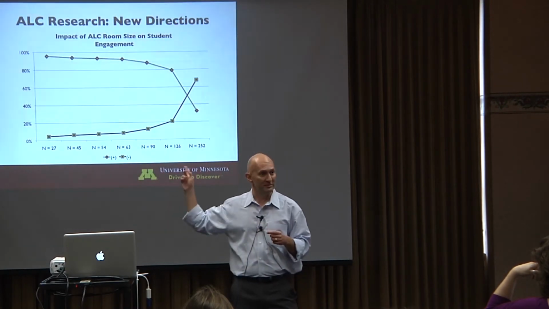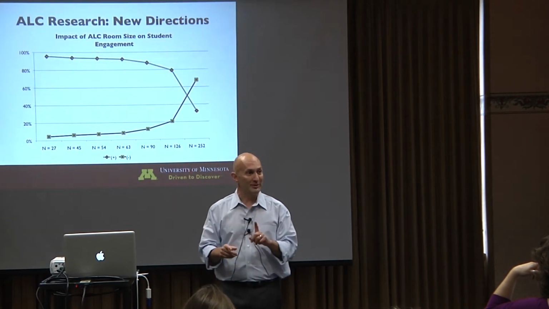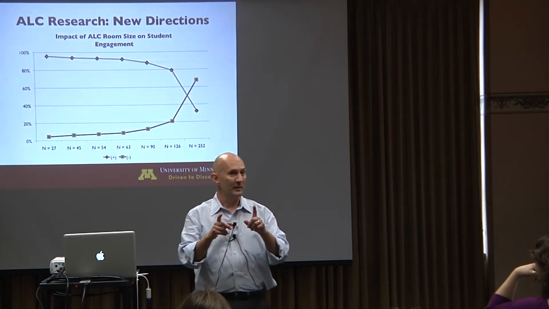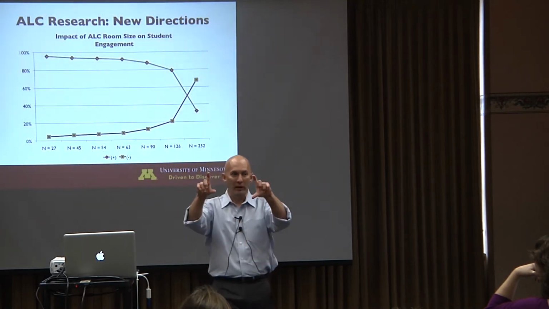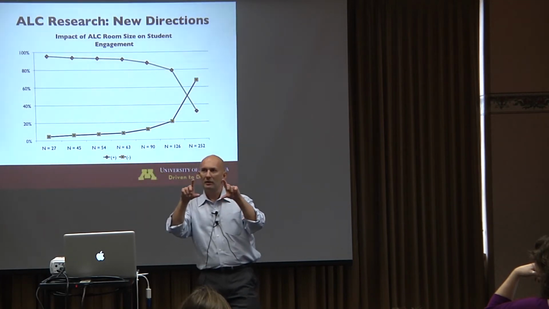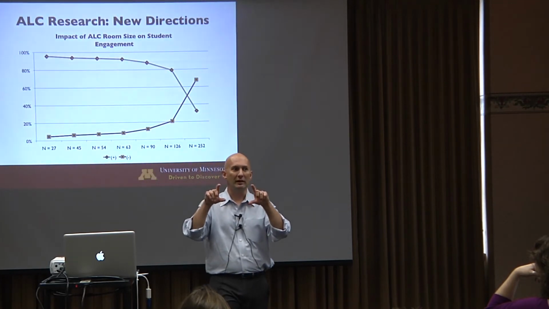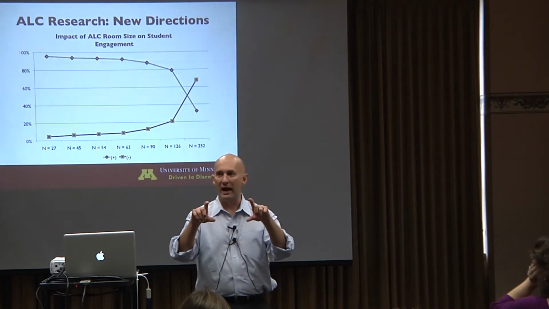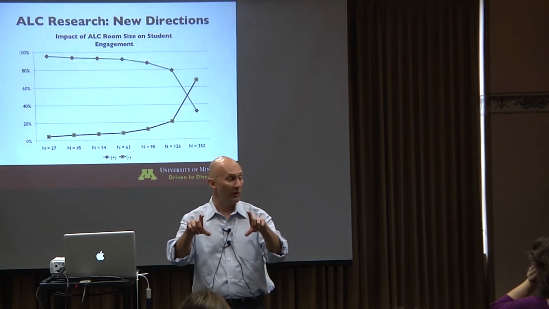I haven't pinpointed them yet for all of them, but it happens somewhere between 126 and 252, which is a doubling of that room. Somewhere between there is a point at which student engagement drops below the 50% threshold. In other words, where the active learning classroom disengages you more than it engages you.